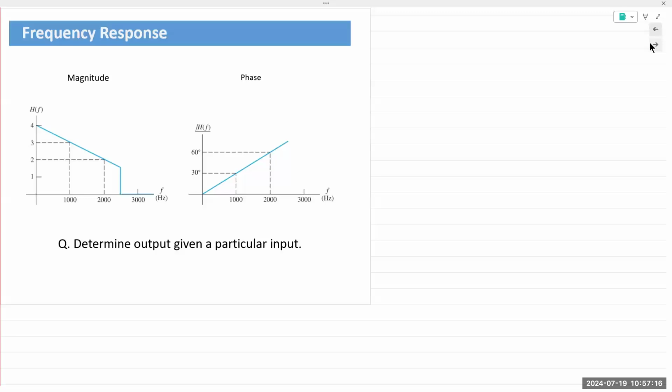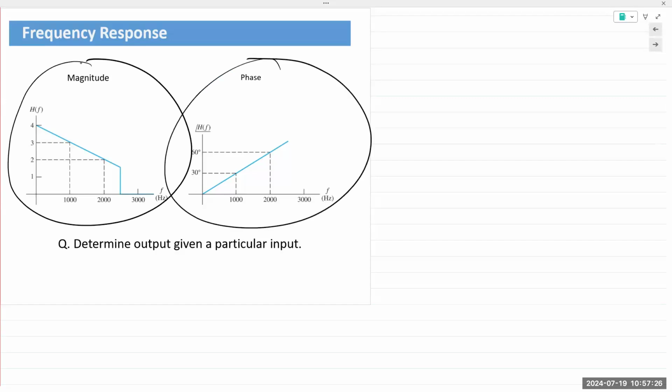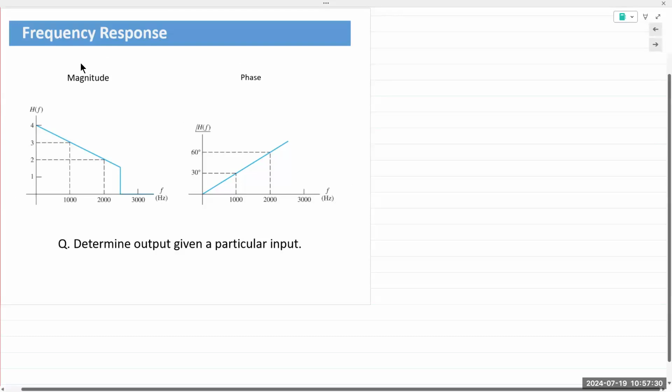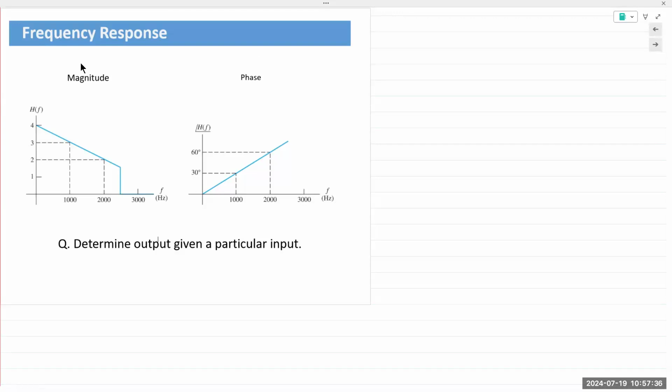In graphical form. So we have the chart on the left, which shows us the magnitude of H of F, and the image on the right shows us the phase. Now, remember what I said. It's a sealed box.